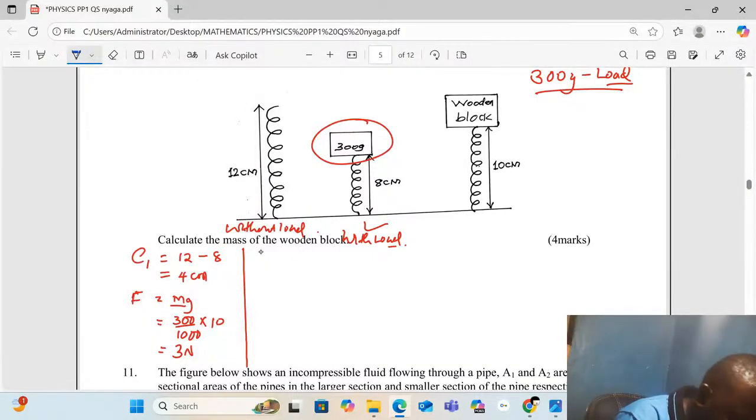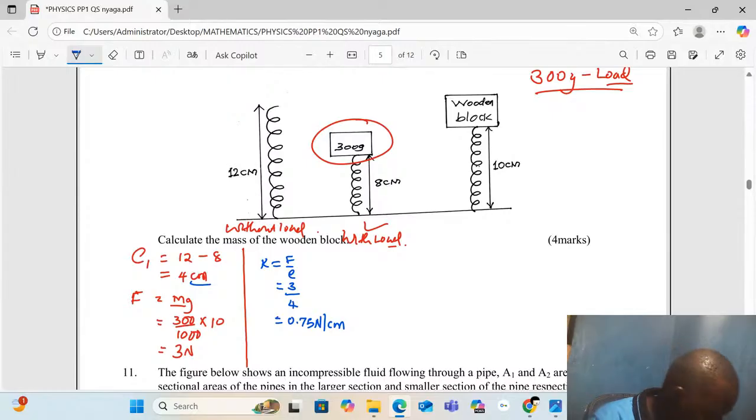Okay. Now from here, we can say that our K, which is the spring constant, is given by force over extension. And our force here is 3 newtons divided by our extension, which is 4 centimeters. We can work with 4 centimeters while knowing that it is in centimeters. So it becomes 0.75 newtons per centimeter.